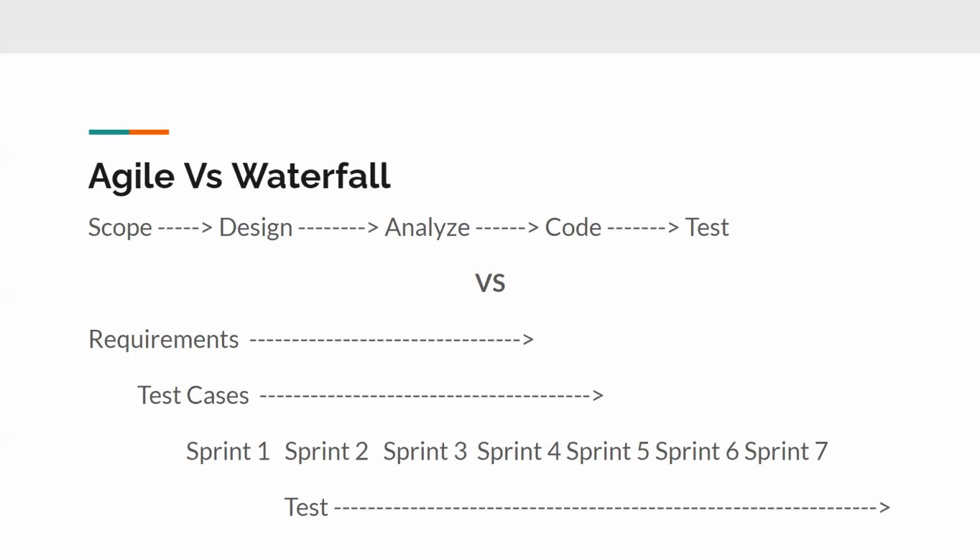Then you design and analyze from March through April. It's only in May that the developers start coding, and only in June or July that things are tested. In that time from January to July, there could be changes from a business perspective, right? So how do we account for these changes? Waterfall was rigid that way.